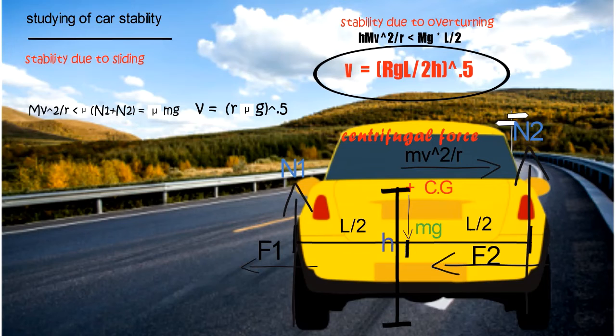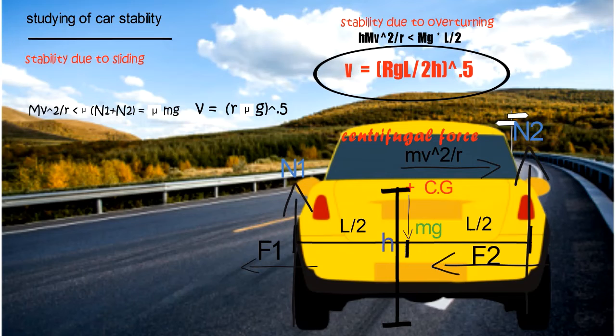If you substitute in the equation and rearrange it, you will find the allowable velocity due to overturning equals the square root of R times g times L divided by 2h. Here, as you can see, h plays an important role in this equation.